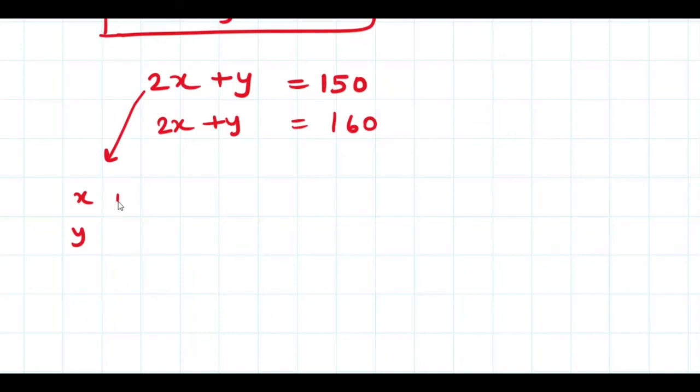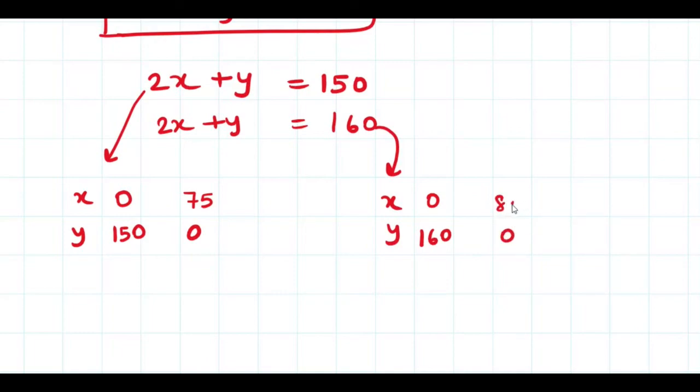Consider the equation 2x plus y equals 150. Put x equals 0, we have y equals 150. Put y equals 0, we have 2x equals 150, which gives x to be 75. Now consider the equation 2x plus y equals 160. Put x equals 0, it returns y equals 160. Put y equals 0, it returns 2x equals 160, so this gives us x to be 80.